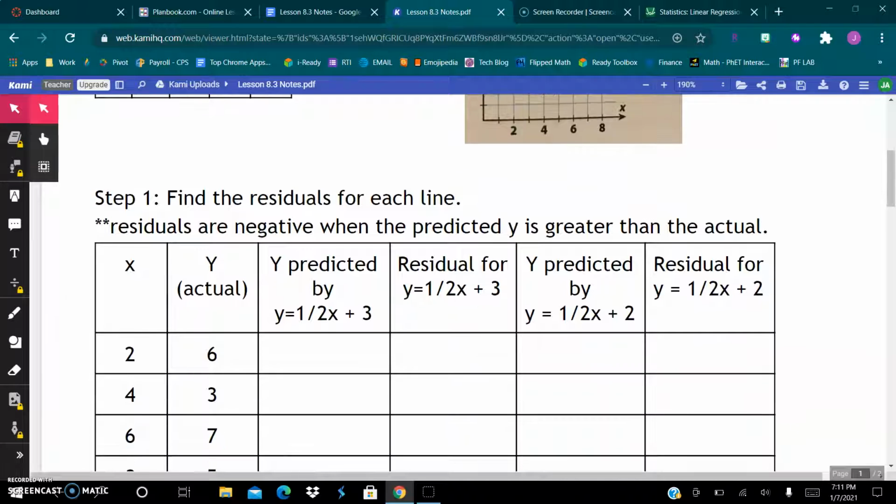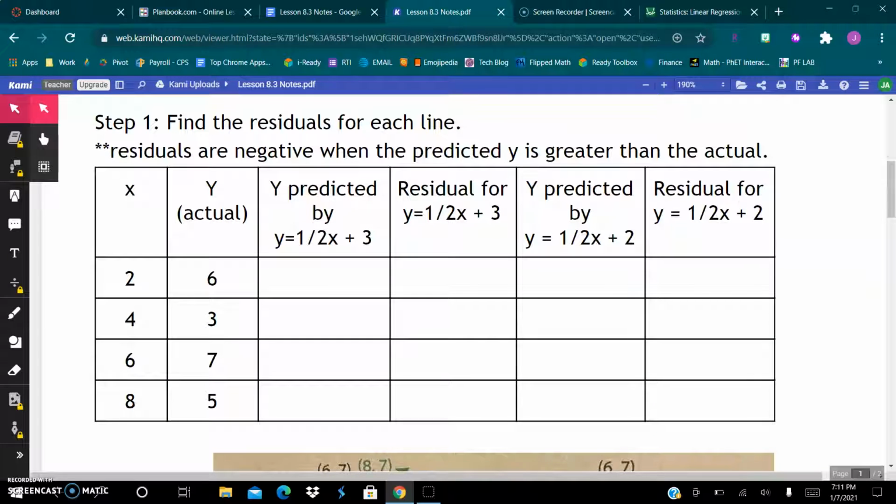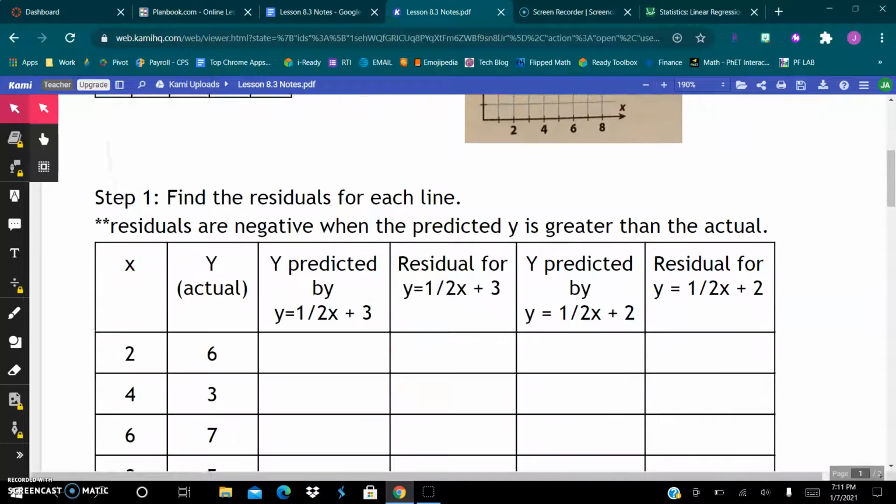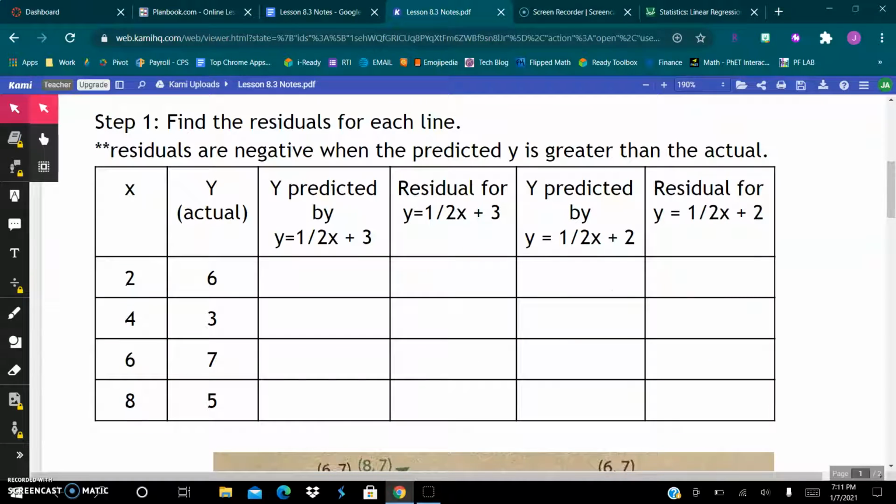So for step one, we have to find the residuals for each line. Residuals are negative when predicted y is greater than the actual. They put the t-table here, the same points that are in this table, now in columns, and we first use the equation 1/2 x plus 3. So I'm going to plug in the x value of 2.